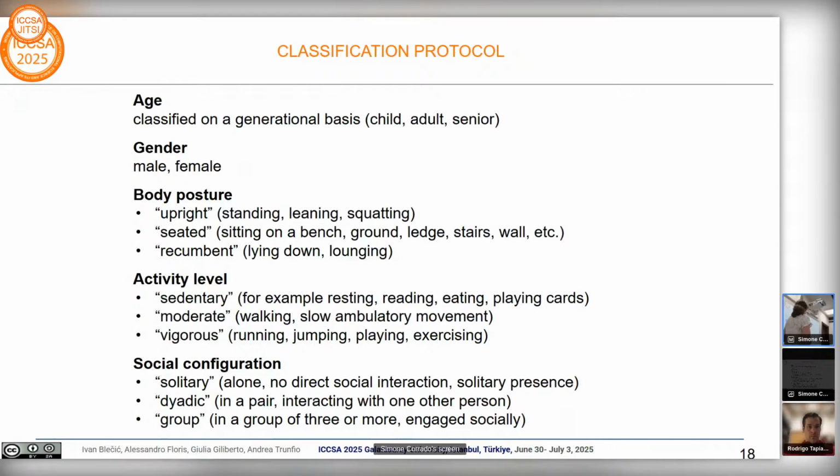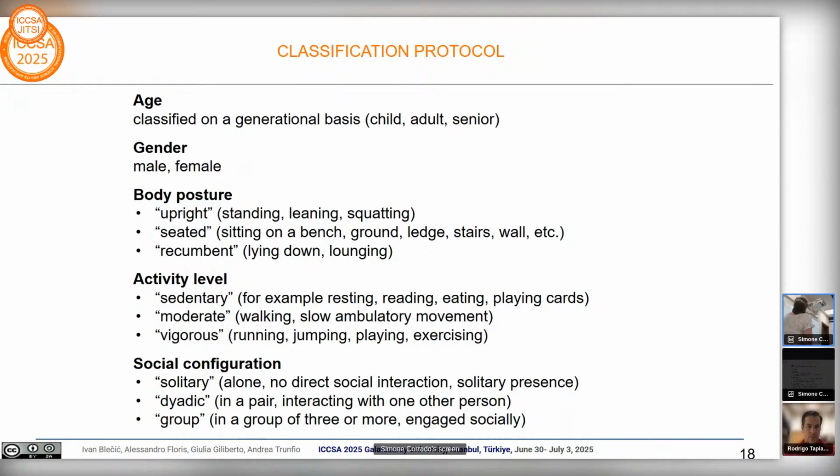Activity level refers to movement and dynamic activities. If people rest and are sitting on a bench, for example, they are engaged in a sedentary activity, moderate if they are walking, or vigorous if they are playing some sport.